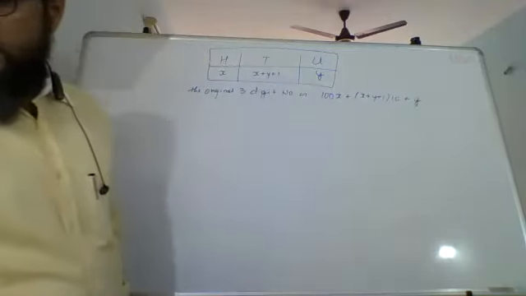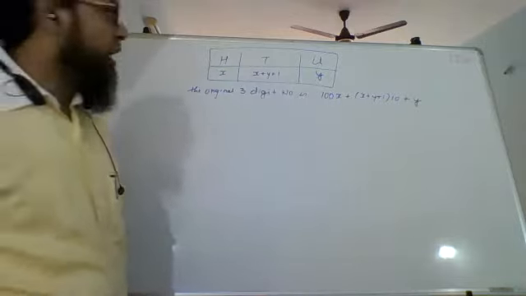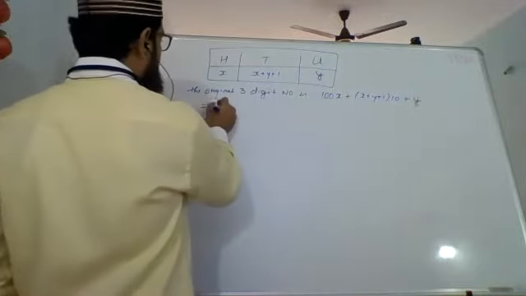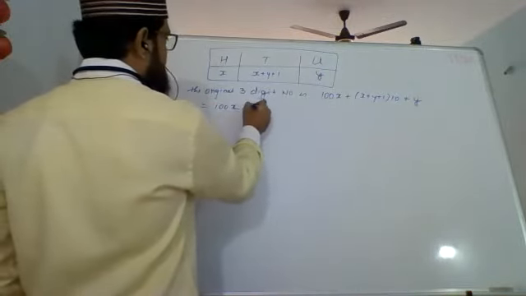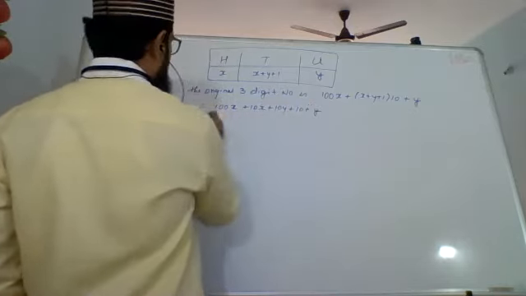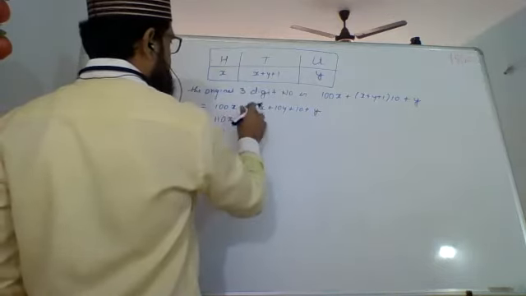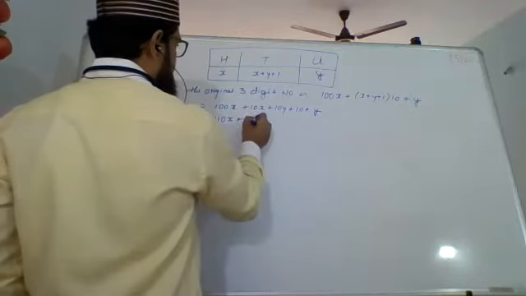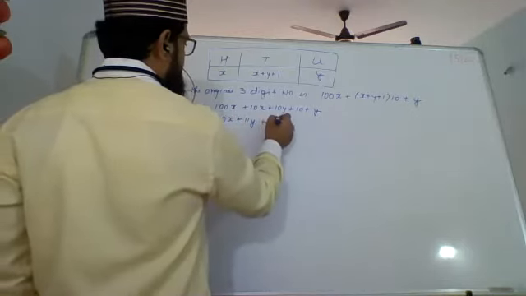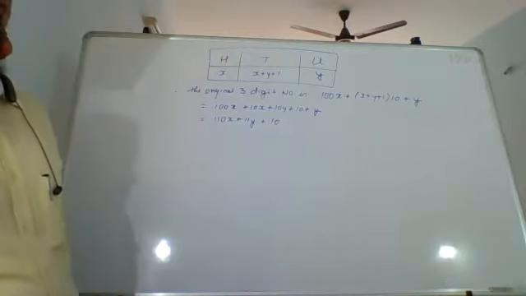If I expand this, it is going to become 100x plus 10x plus 10y plus 10 plus y, which is 110x plus 11y plus 10. Okay, so I've got 110x plus 11y plus 10.